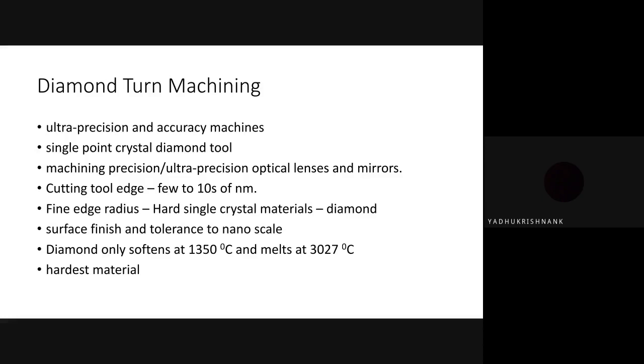Diamond is the hardest material. It softens only at 1350, and the melting temperature is 3027 degrees Celsius. So this makes it possible to machine in our required manner.